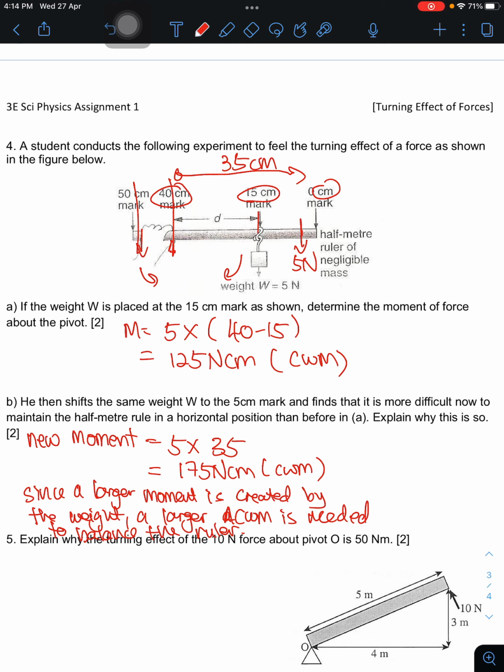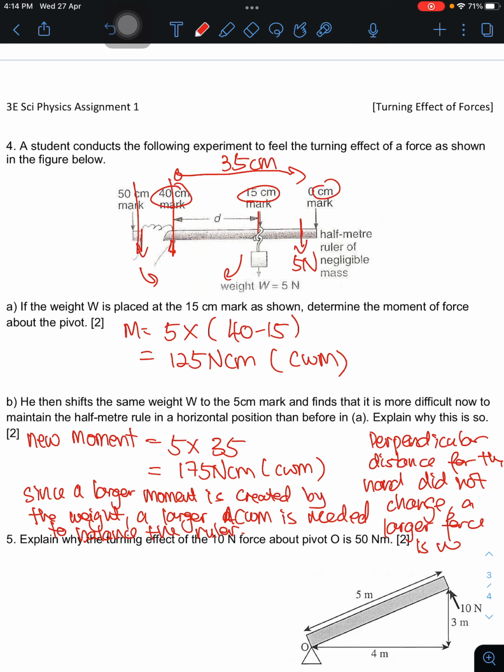So you see, the perpendicular distance for the hand did not change. So what does that mean? It means a larger force is needed.